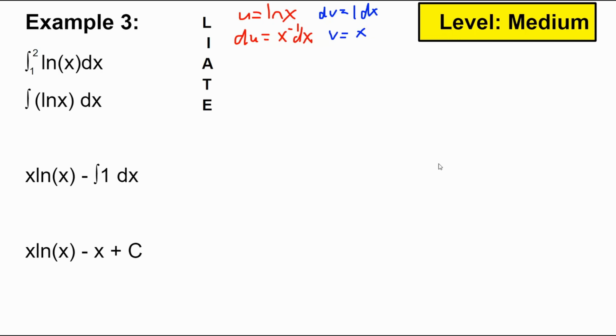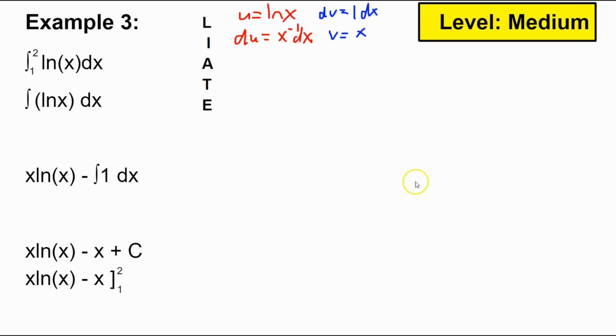But remember, in the beginning of the problem, we had this definite integral, so we were treating this problem as if it was an indefinite integral the whole time. Now we got to actually use the fundamental theorem of calculus to find the definite area. So we're going to get rid of the plus c, and we're going to put in the bracket for 2 to 1 to indicate that we're going to use FTC to find this value.